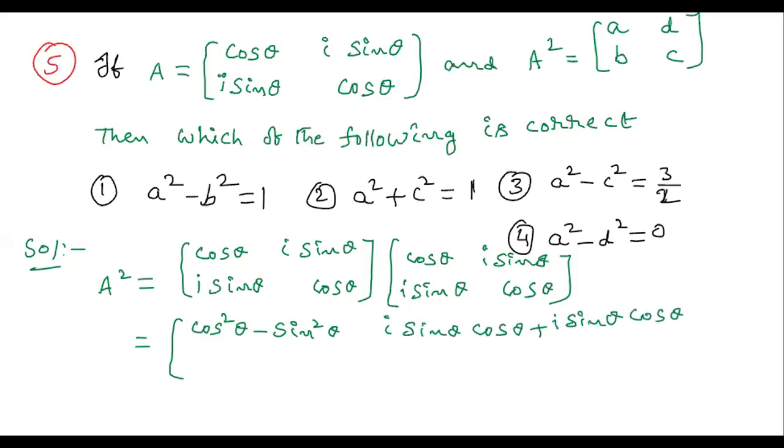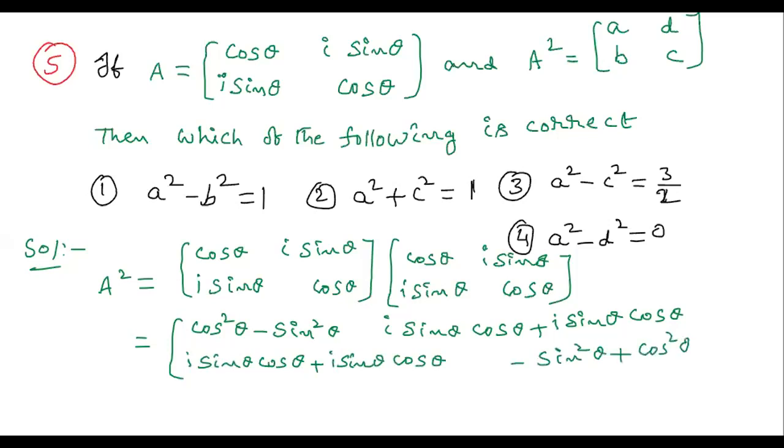Now I'm going to second row, first column. This is also the same: i sin theta cos theta plus i sin theta cos theta. Next, for second row, second column, we get minus sin square theta plus cos square theta.